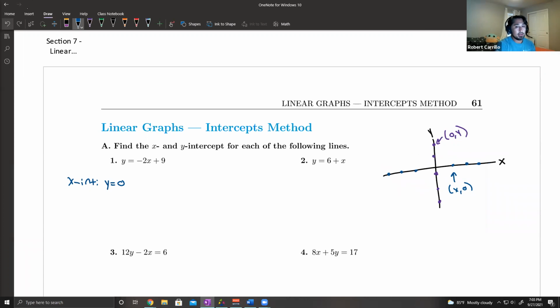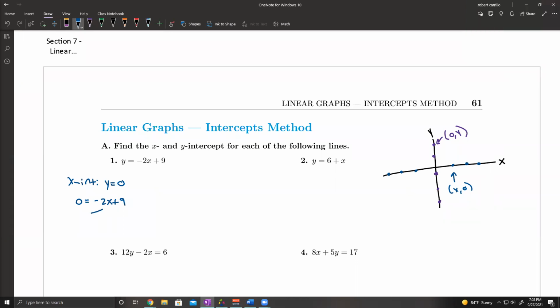So that means we take 0, we plug it in for Y, and we'll solve for X. So we're going to have 0 equal to negative 2x plus 9. So all we've done so far is plug in 0 for Y, and now we're going to solve for X.